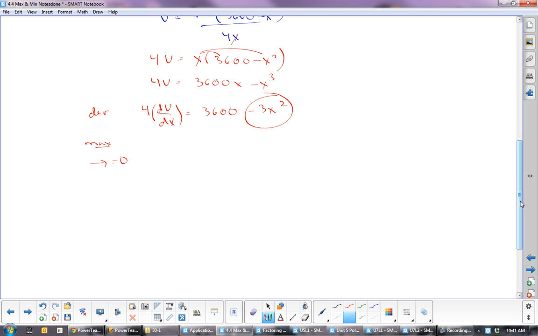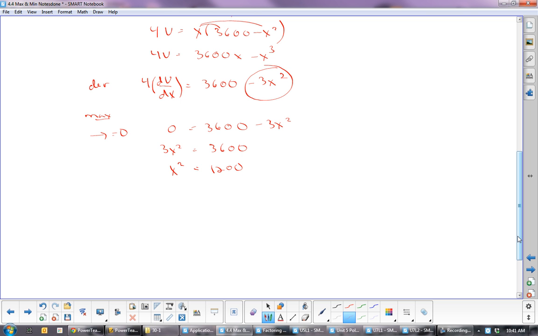Okay, so let's go 4 times 0 is 0 equals 3600 minus 3x squared. We can bring the 3x squared to the other side. Divide by 3. Take the square root.